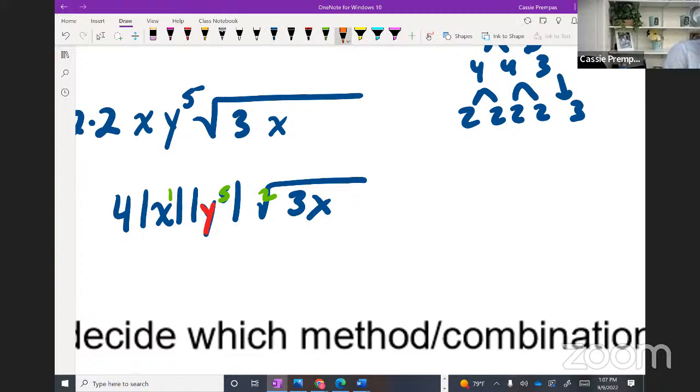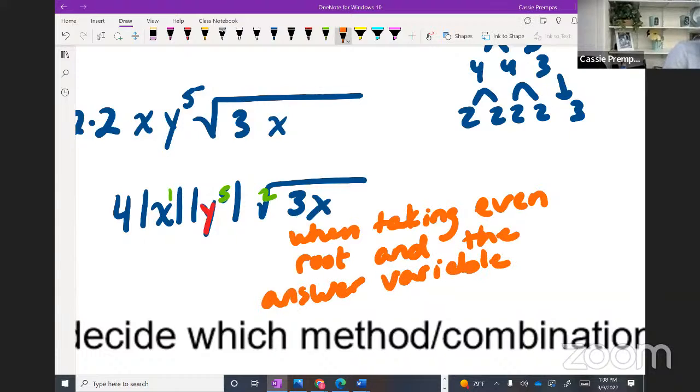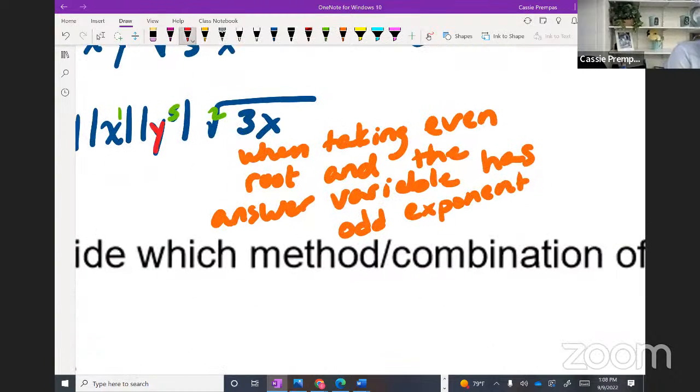When taking an even root and the answer variable has an odd exponent, then I'm going to put in big capital red letters, need absolute value.